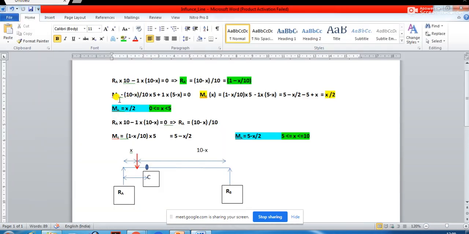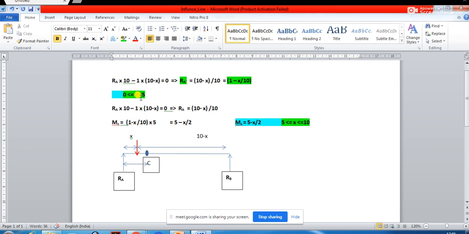Okay. Then if I want to find out the shear force at C, what will be the shear force at C? So let us delete this. So for x equal to 0 to 2.5, what will be the shear force? Shear force we write with Vc.